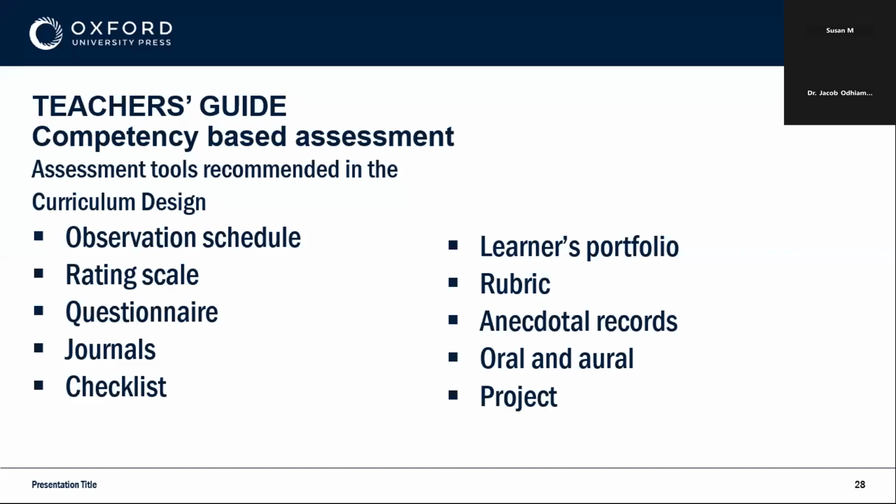Then the rating scale, as the name suggests, will rate the learners as we usually use 1, 2, 3, where 1 means maybe low achievement, 2 is average, 3 is above average. Or you can use 1 to 4 or 1 to 5. But the most commonly used rating scale is 1 to 3. Then the questionnaire.